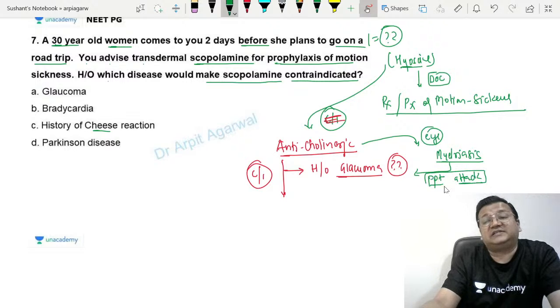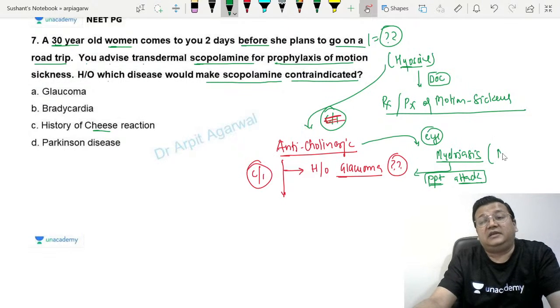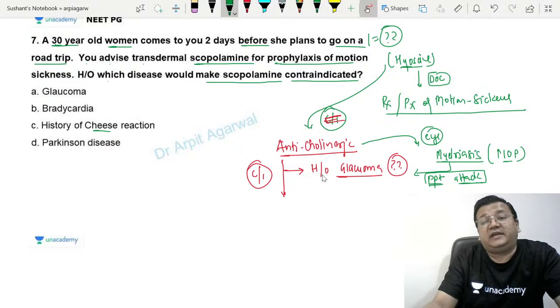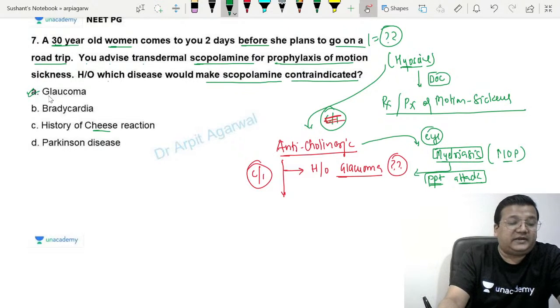Whenever there is mydriasis, the intraocular pressure tends to increase. That is why any anticholinergic having mydriatic property is avoided in patients of glaucoma, and that is the answer.